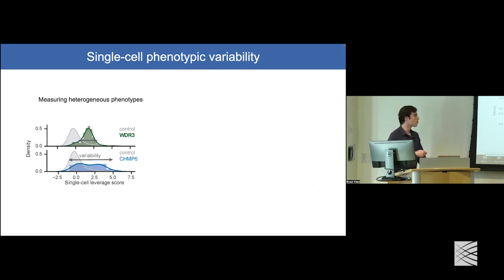And we normalize using the distribution of leverage scores in non-targeting control cells, to make it a little bit easier to think about, and to center it at 0. So we find that most perturbations tend to cause pretty homogeneous transcriptional responses, but some perturbations tend to cause much more variable transcriptional responses. And we actually just classify this with the standard deviation of leverage score.